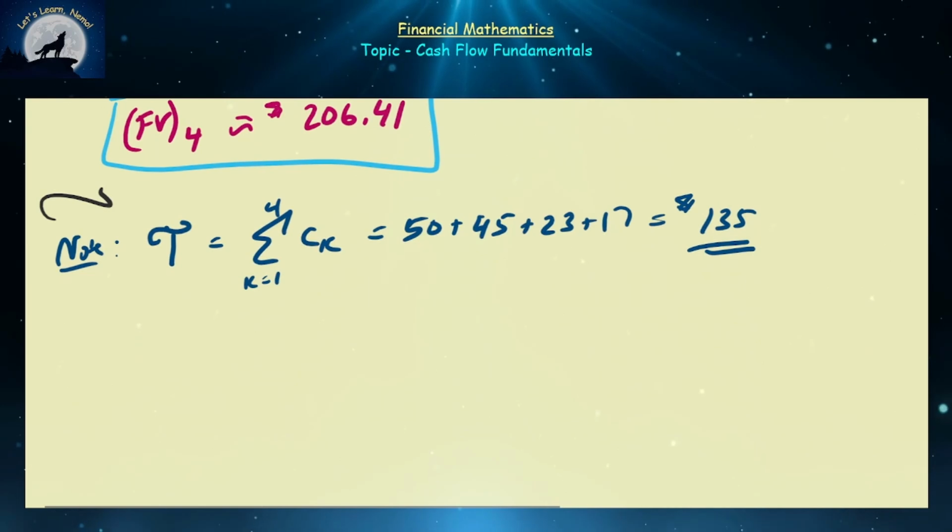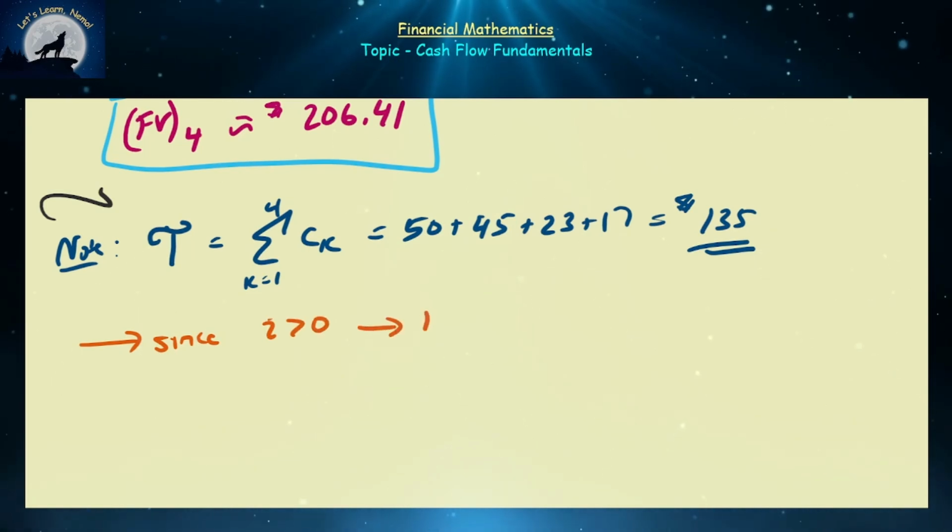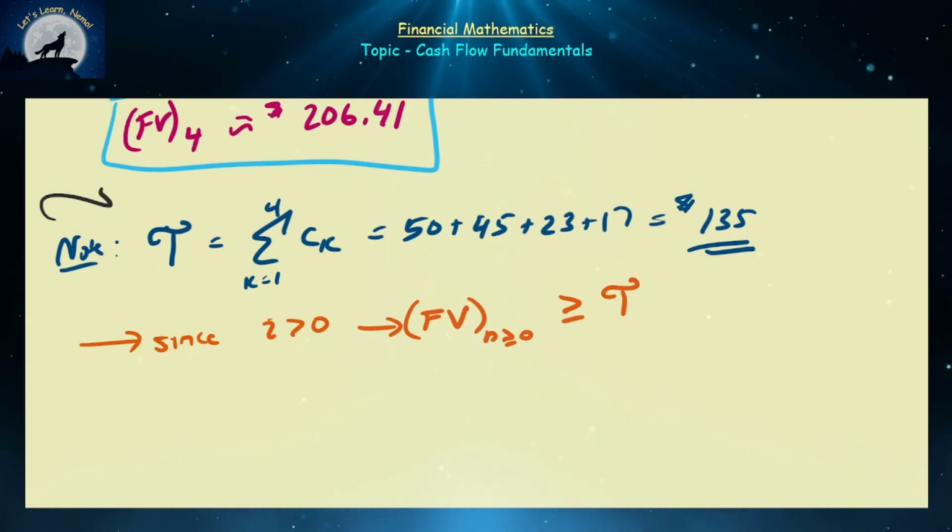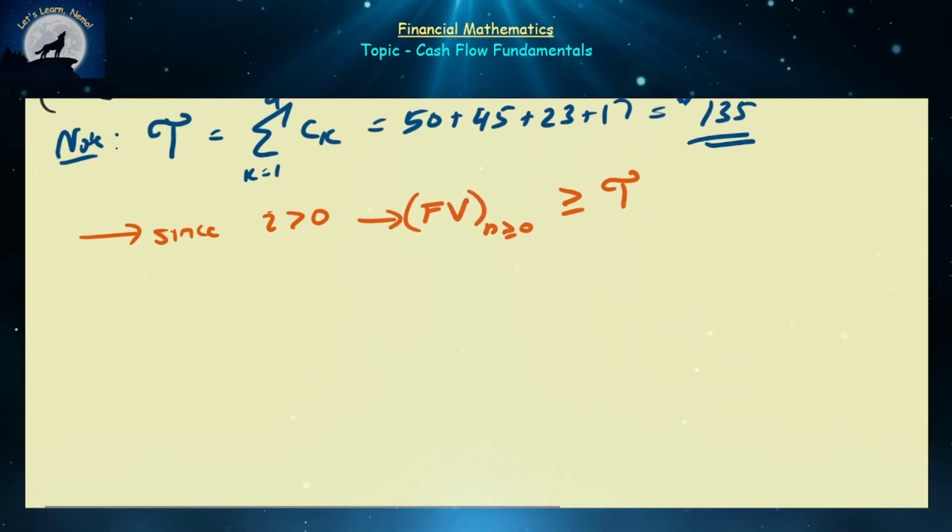So what does that even mean? Since this effective interest rate is indeed positive, we're going to find that the future value at any time n greater than or equal to 0 will be greater than or equal to this fancy T value. At least mathematically, we can justify that. So from the conceptual point of view, what does this mean?